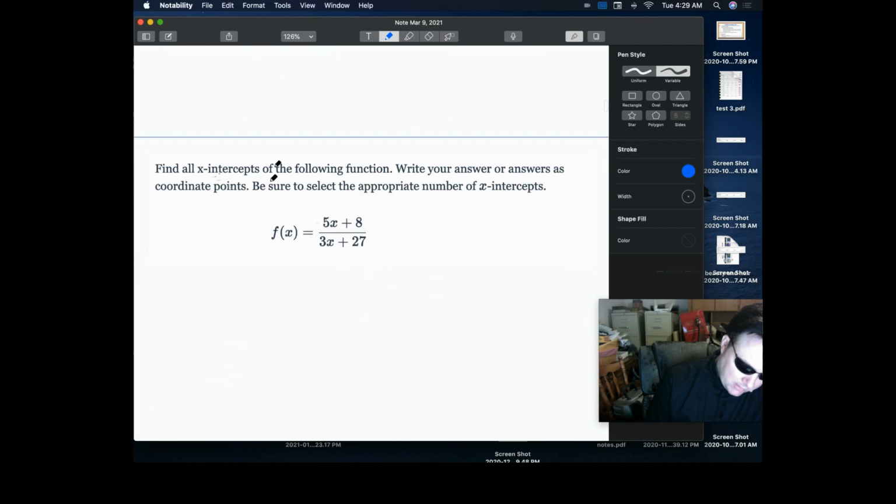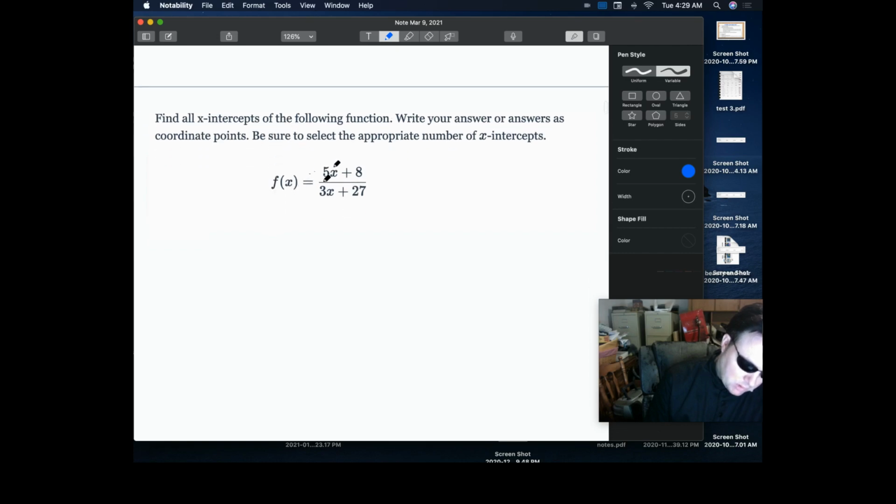Okay, next one. Find all x-intercepts of the following function. Write your answers as coordinates. Be sure to select the appropriate number of x values. Okay, so when we see something like this, we know that the x-intercepts are when y equals 0. So this equation is 0 equals 5x plus 8 over 3x plus 27.